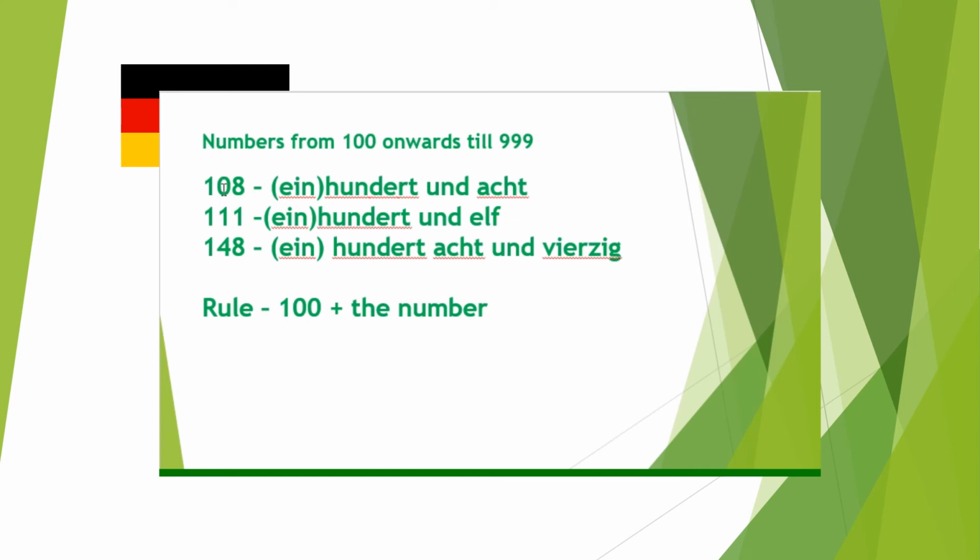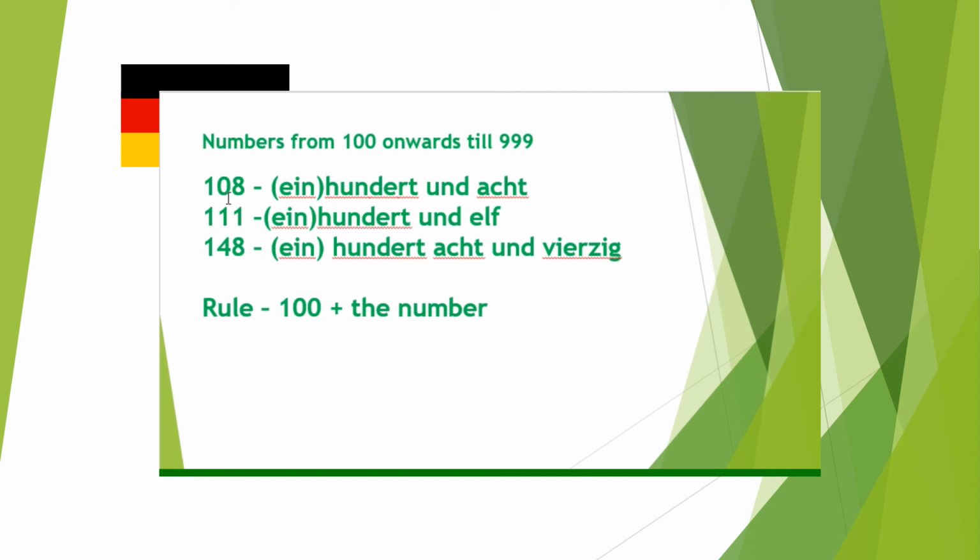So how can we frame numbers from 100 onwards till 999? If we notice 108, 111, 148: 100, hundert, then 48. So the rule is 100 plus the number.